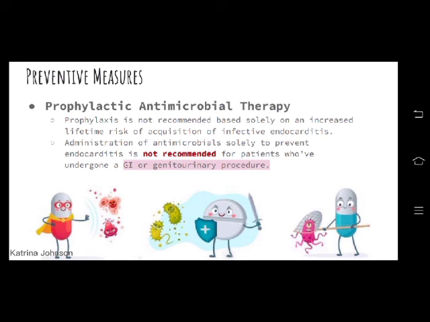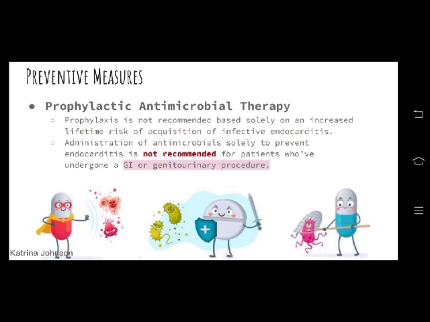And just to make something clear, in order for a patient to be eligible for infective endocarditis prophylaxis, the patient must meet the criteria for having both the high-risk cardiac condition, and also they must be undergoing a specific procedure. As I mentioned earlier, it's the first bullet point on this slide.